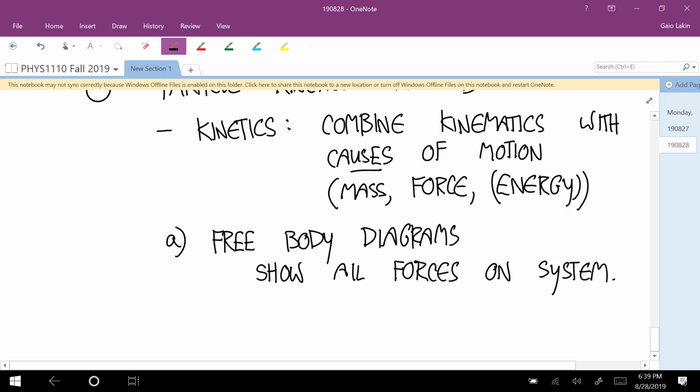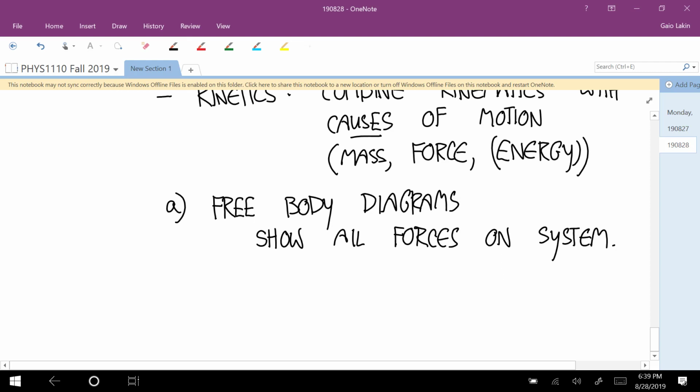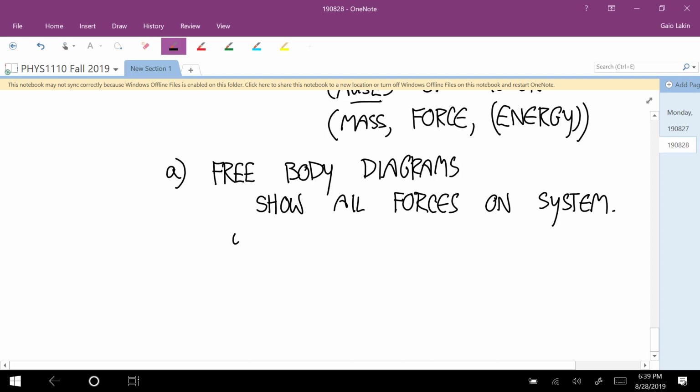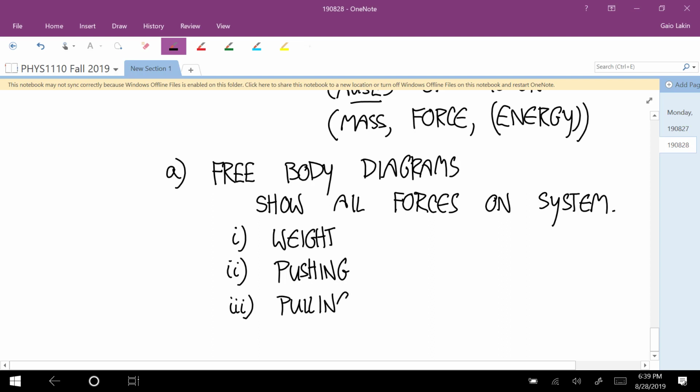And the types of forces that we're going to be dealing with are the weight, that's the force applied by gravity, pushing forces, pulling forces, and friction.